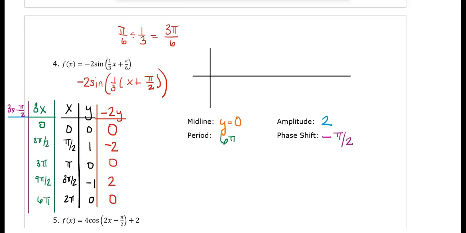So if I do 0, because remember this is 3x, which is this whole column, so it's saying take this column and just subtract pi over 2.